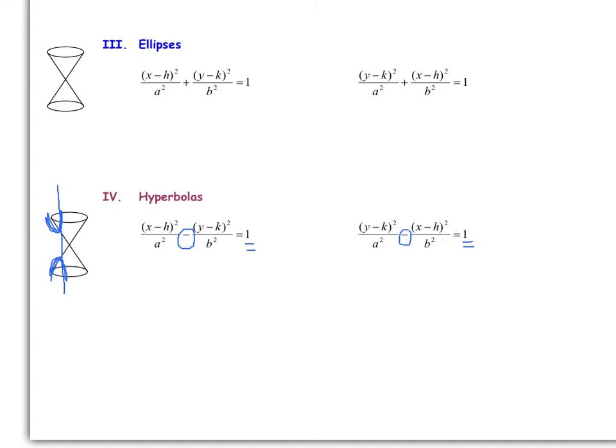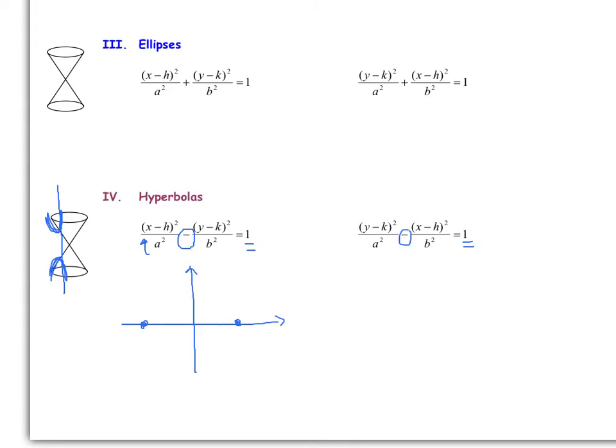And just generally speaking, what you're going to do to graph this is we're going to assume that the a value is the biggest value again, and it's under the x. So you would go out that distance, and that would give you your vertices for your hyperbola.